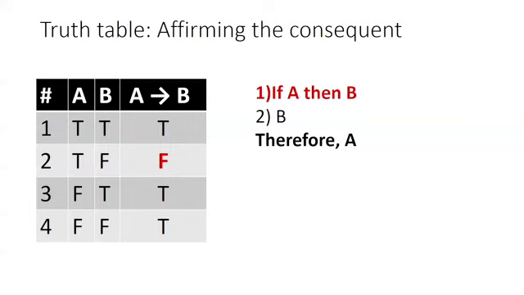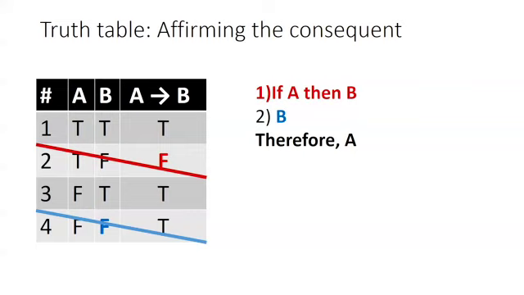So again, the first premise says if A, then B, and that means that scenario 2, in which if A, then B is false, is not the case. That eliminates number 2 as a possibility. The second premise tells us that B is true. And so that eliminates scenario number 4, which is the scenario in which B is false.